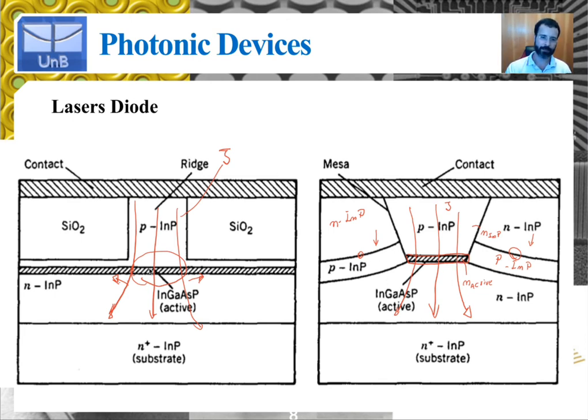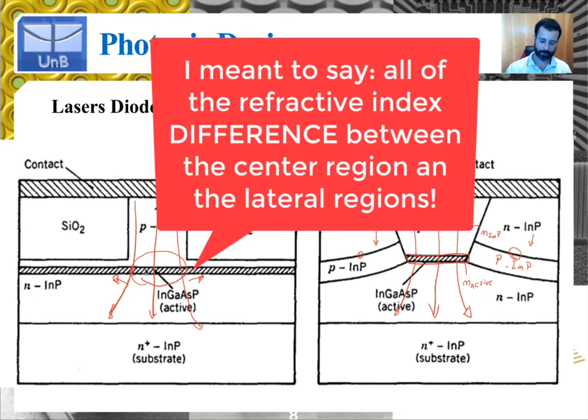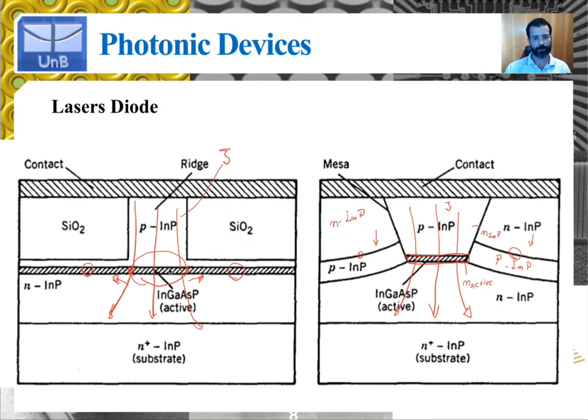Whereas here this is not the case, right? All of the refractive index difference between this center region right here and the lateral regions of the active layer is basically due to the excess carrier concentration. And as you increase the current, as J increases, this refractive index difference will change, will be more pronounced.